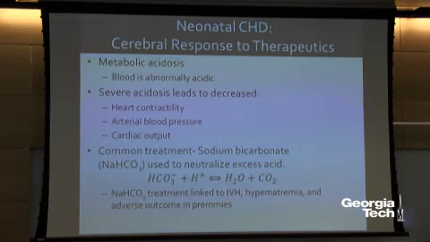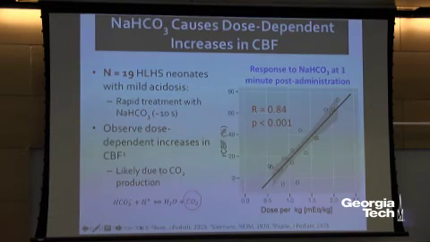What they do is they give sodium bicarbonate, which is essentially just used to neutralize the acid. And what we know is that this treatment has been linked to intraventricular hemorrhage, hypernatremia, and adverse outcome in preterm infants. So we wanted to look at what happens in these term infants, who, by the way, are very similar to our preterm infants.